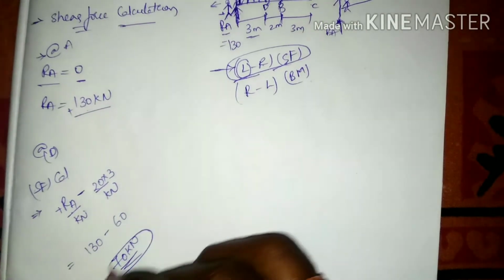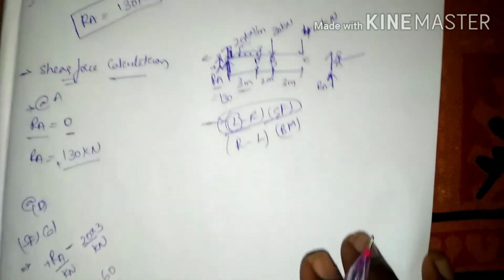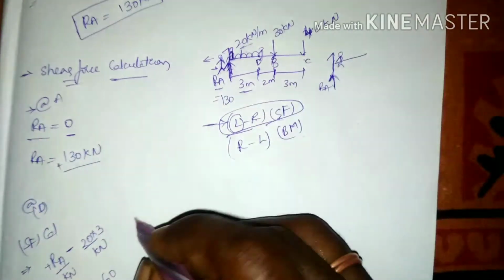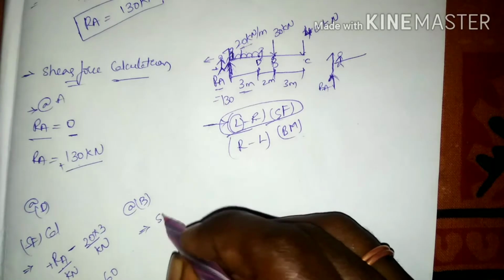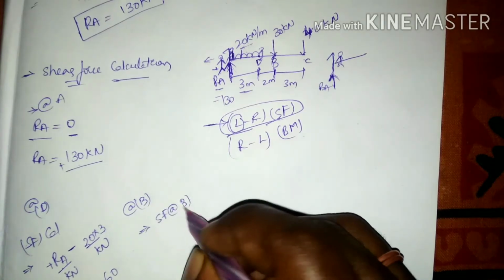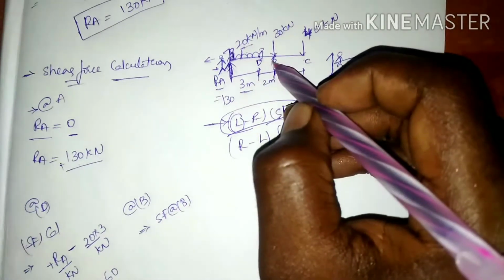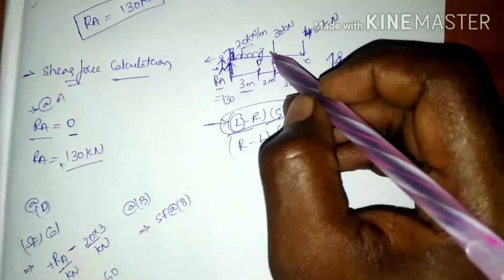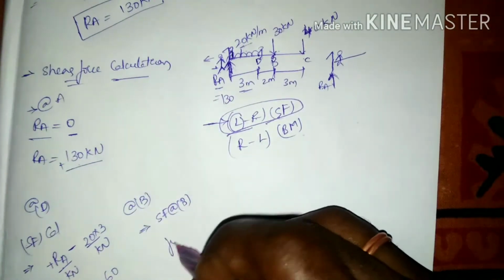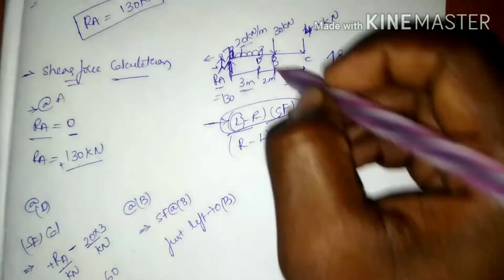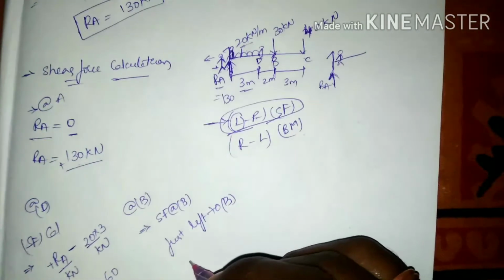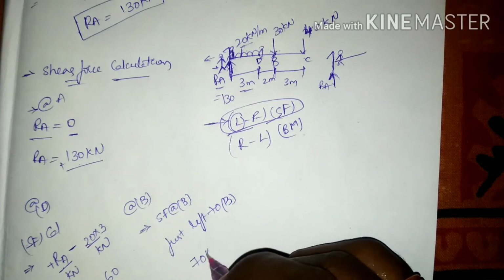With the value of 70 kilonewtons, we go to point B. Shear force at B: this is a point load, so we have to take left and right. Just left of B, you're going to find the same value of 70 kilonewtons.